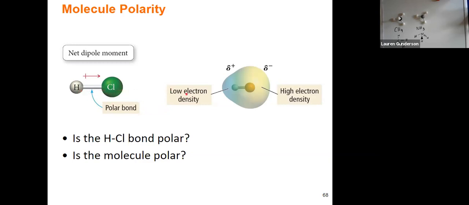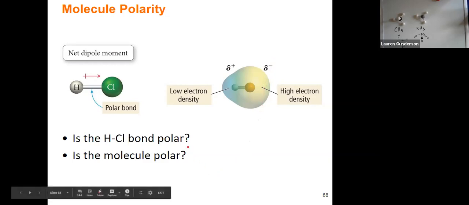All right, so there are many fewer electrons in this area of the molecule. Most of them have migrated to this area of the molecule. So the area near the chlorine has a very high electron density. The area near the hydrogen has a low electron density. So a slight positive charge ends up hanging out near the hydrogen, and a negative charge ends up hanging out near the chlorine here. So in this case, the bond is polar and the molecule is polar.